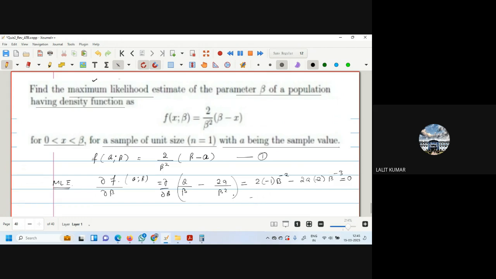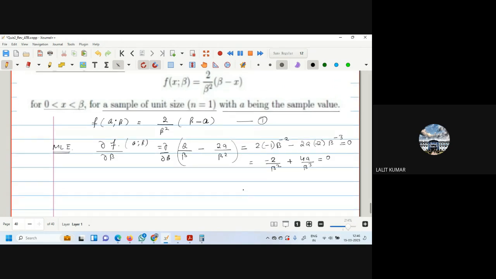So this will become minus 2 upon beta square plus 4a by beta cube is equal to 0, and if we solve this, it becomes minus 2 beta plus 4a is equal to 0.